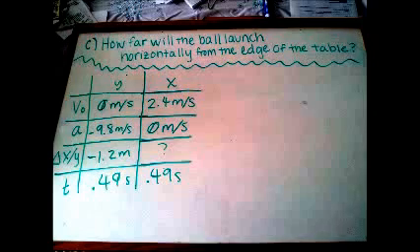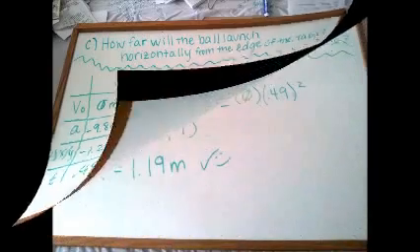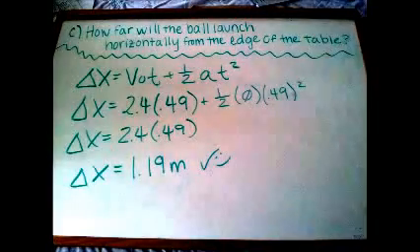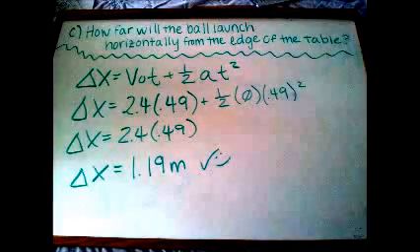Because t is a common variable for both x and y, we can place 0.49 seconds in the chart for x and y. Now that we have 3 known variables in the x direction, we can solve for delta x. So we use the equation delta x equals v naught t plus 1/2 at squared. We substitute all the variables for the numbers that we have.